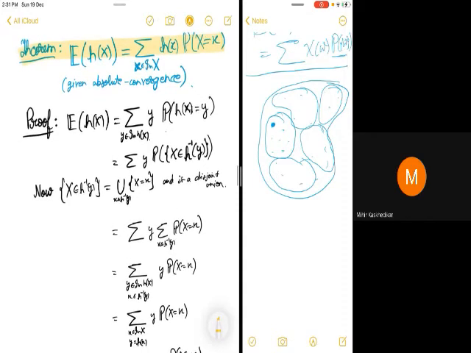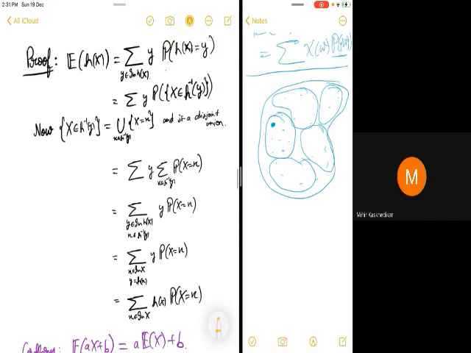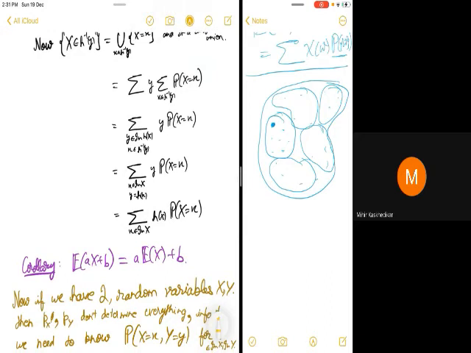So for example, now we will prove that the expected value of a function of a random variable is the sum of h of x times the probability that the random variable X takes the value small x. The idea is that if you consider this, then this will be equal to the summation over x belonging to the image and y belonging to y equal to h of x, of y times the probability that X is x.